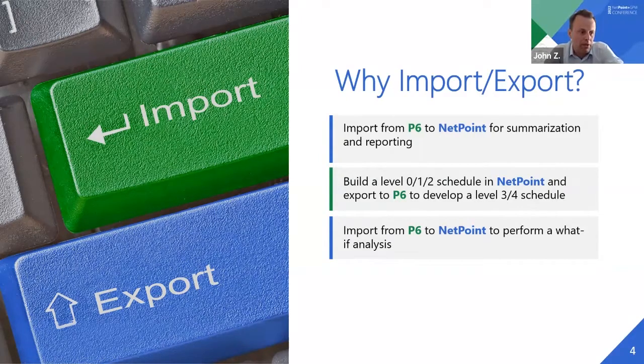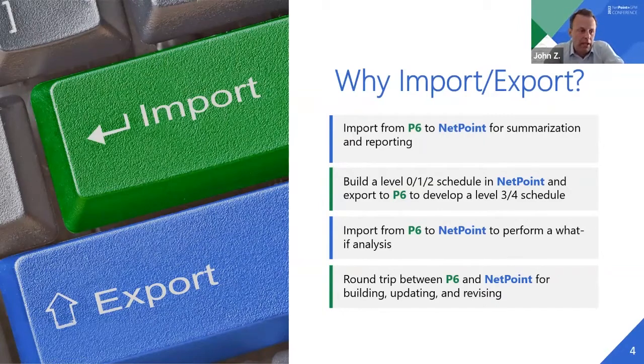So say you're struggling with a certain roofing sequencing in your project, and you're looking at it in P6 and you understand it as a scheduler, but maybe your audience doesn't. So you could import just those activities for the roofing into NetPoint, do some what-if scenarios in real time in an interactive fashion, see what the impacts are, decide on what type of solution or resequencing you want to do, and then you could go back into P6 and make those changes.